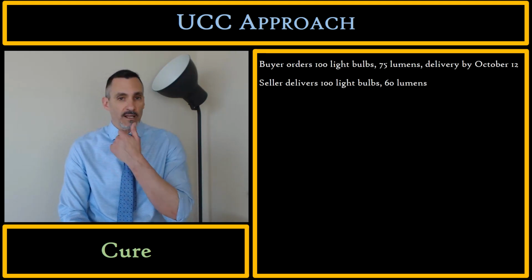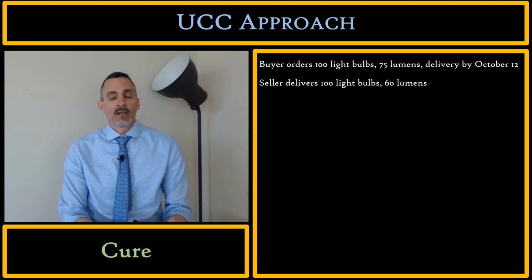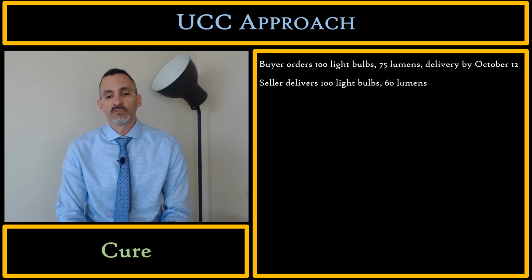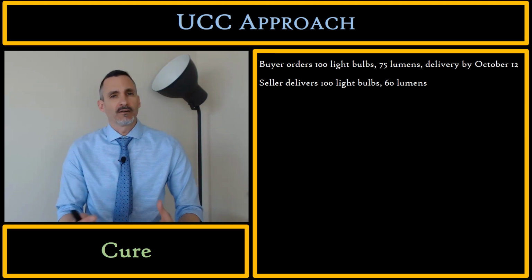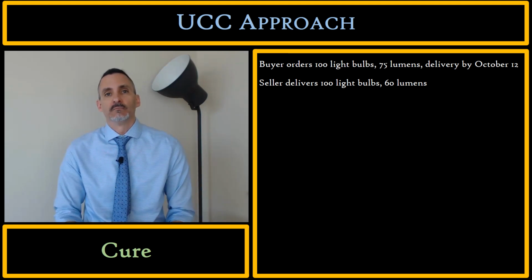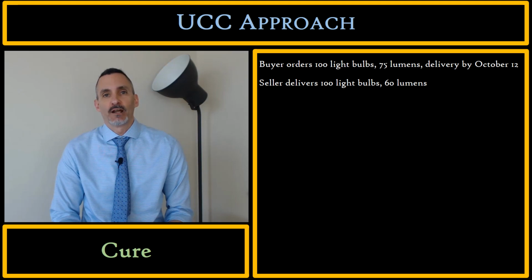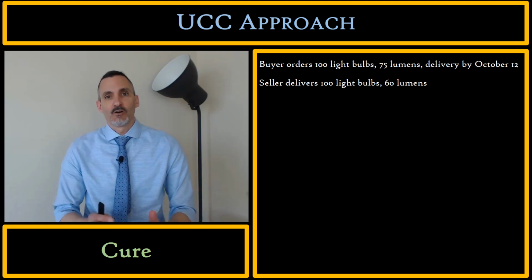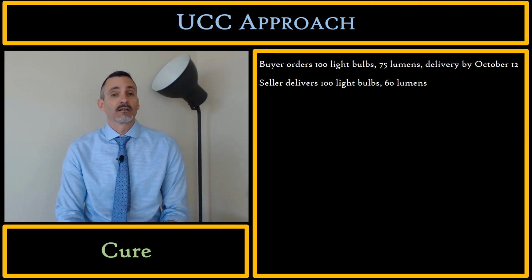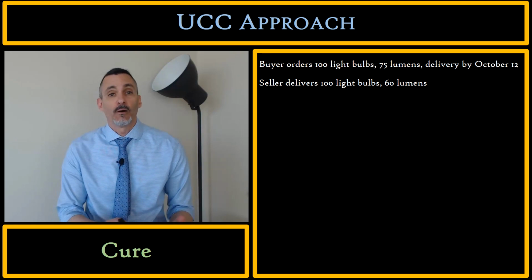So let's look at a couple different fact patterns. So buyer orders 100 light bulbs, 75 luminums, whatever luminums are, right? No one goes by watts anymore, they're luminums. In any case, let's go with that. 75 luminums, delivery by October 12th. Now what happens?